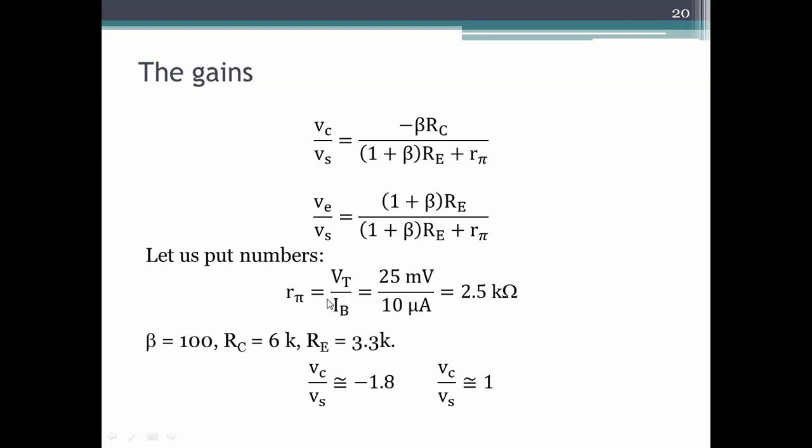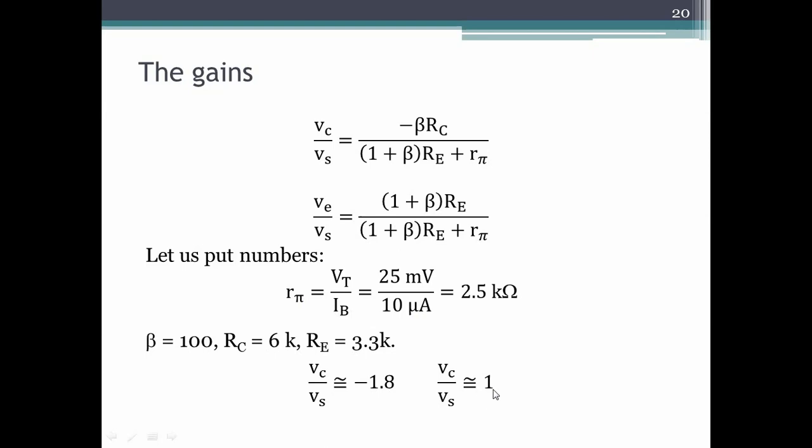If this DC current is different, R pi will be different. Our DC current was 10 microamps, so we get 2.5 kilo ohms. We know RE already, 3.3, RC is 6, beta is 100. So we find the values: VC by Vs, if you solve this, you'll get about minus 1.8.